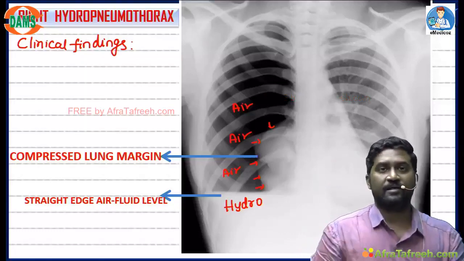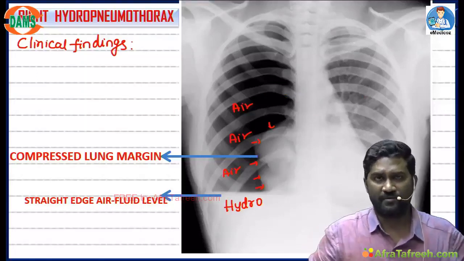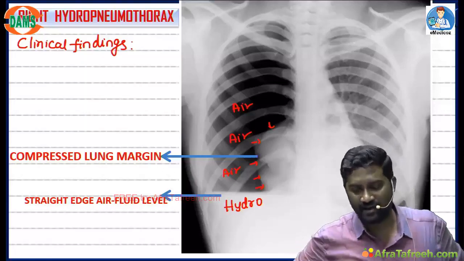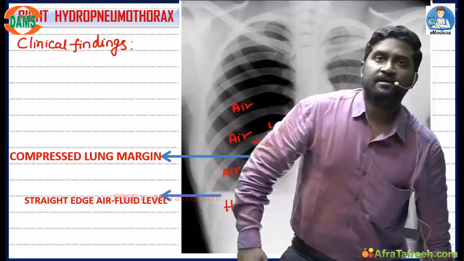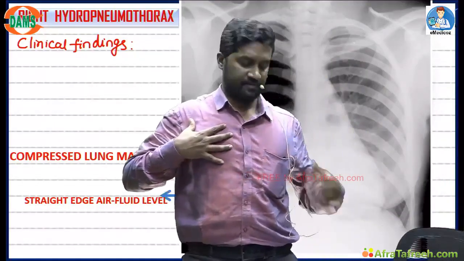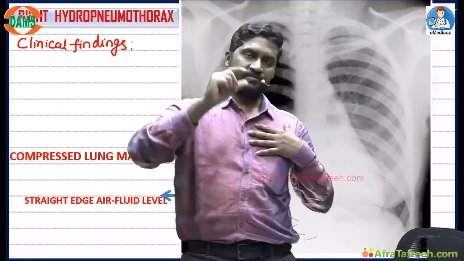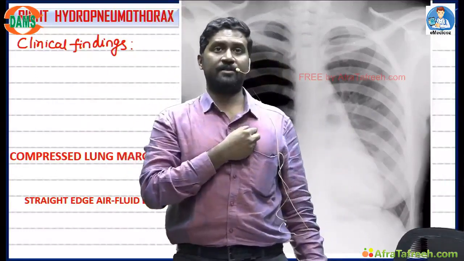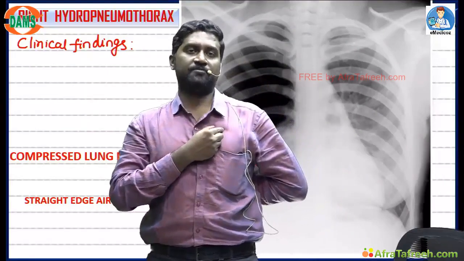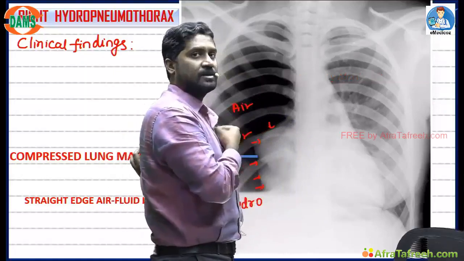Along with that, there is an old finding called the metallic sound of coin. Nowadays it is not done, just for historical purposes I'll explain. Consider this patient is having right hydropneumothorax. On the left side it is normal lung. So I put a coin first on the normal lung, and my stethoscope will be on the posterior portion of the patient. I ask my assistant to hit on that coin.